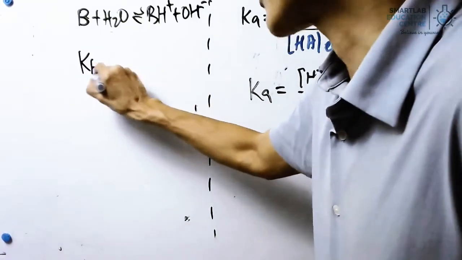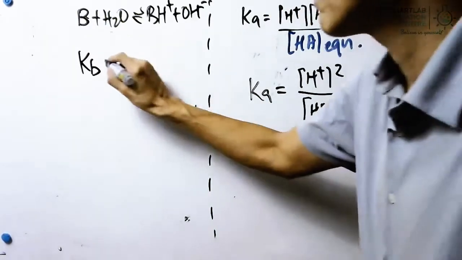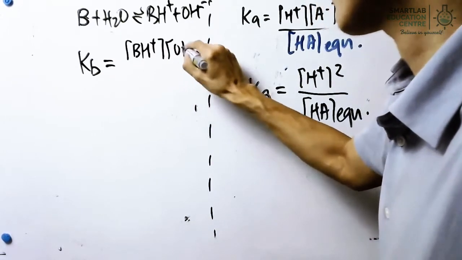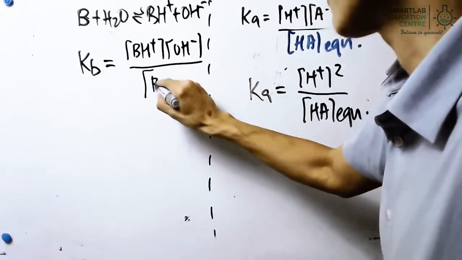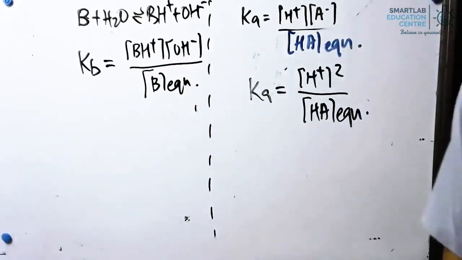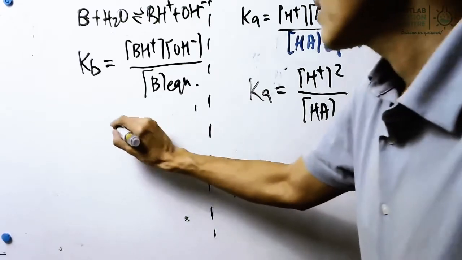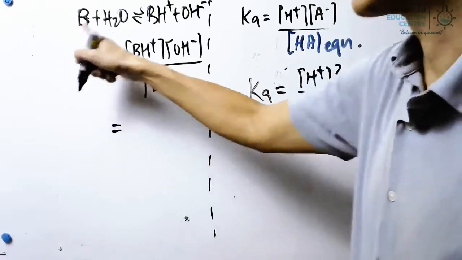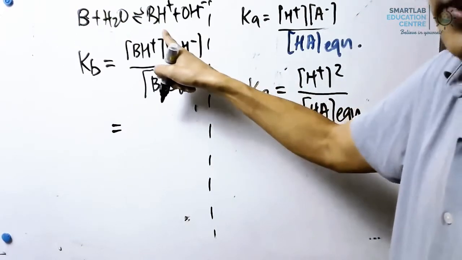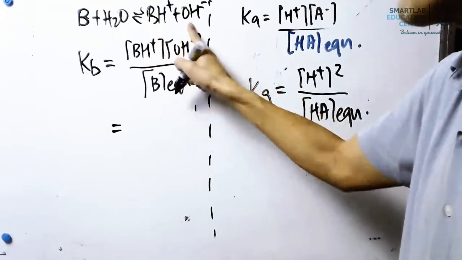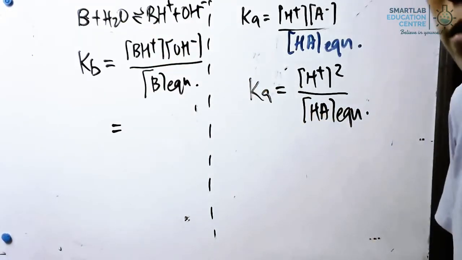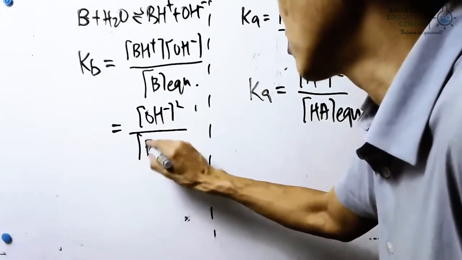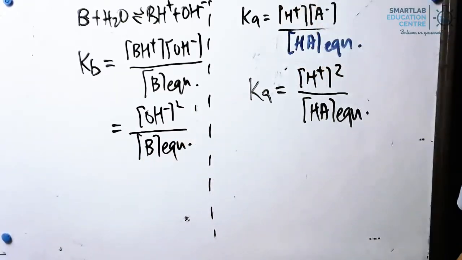From there, correspondingly, we give a Kb expression, which is the concentration of BH plus times OH minus divided by the concentration of your base, which is at equilibrium as well. Based on the same explanation, if one base molecule ionizes, it produces one BH plus and one OH minus. So these two concentrations will always be equal. Hence, you will have OH minus squared, and there you get the two equations.